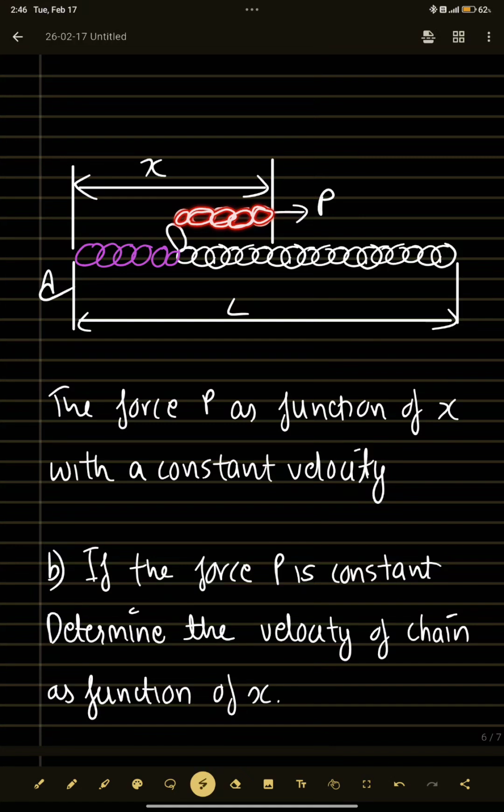If this is v, what should be the velocity of this link? Why? Because while it is being pulled, it is inextensible, right? So it has to have the same velocity. Okay, so you have agreed this part is at rest, this part is at rest, this part is moving.